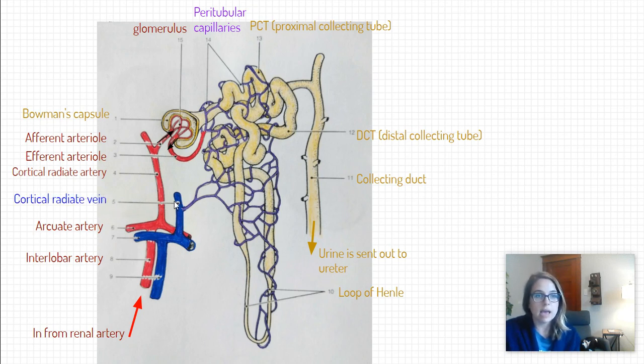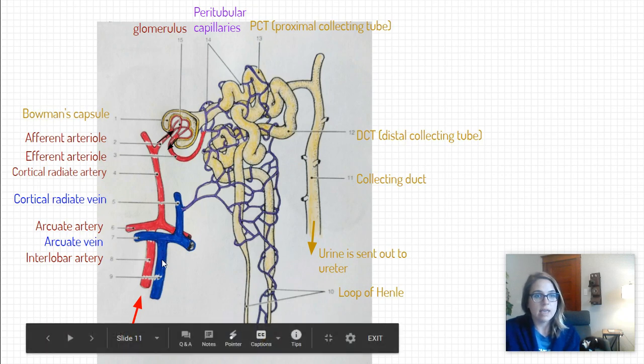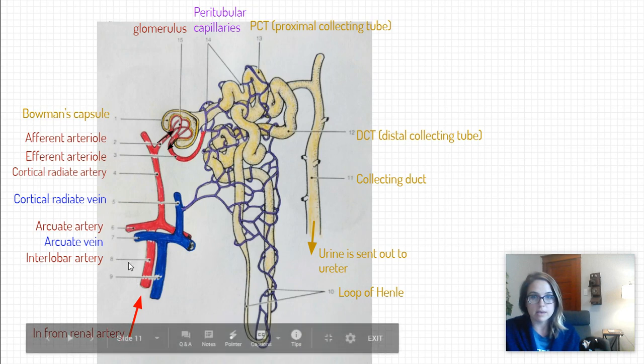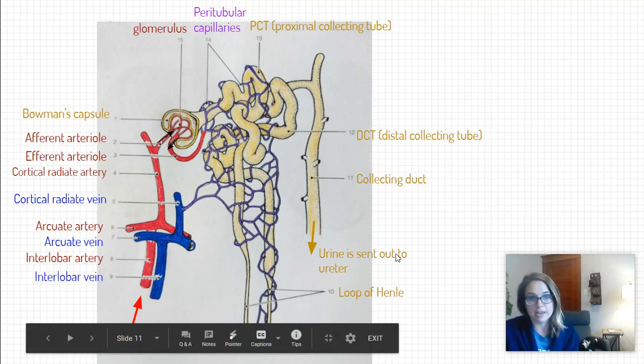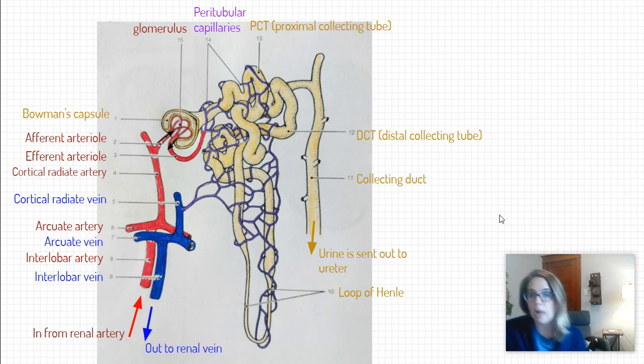This is going to be the cortical radiate vein, and then much like this was the arcuate artery, this is the arcuate vein, the one that goes above my renal pyramids, and then it's going to go between those pyramids through the interlobar vein. From there, it's going to eventually flow out of the kidney through the renal vein and eventually the vena cava and back to the heart again.